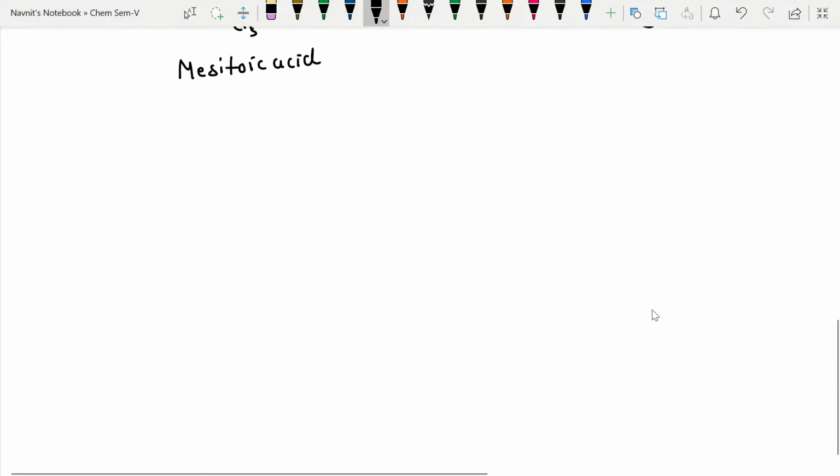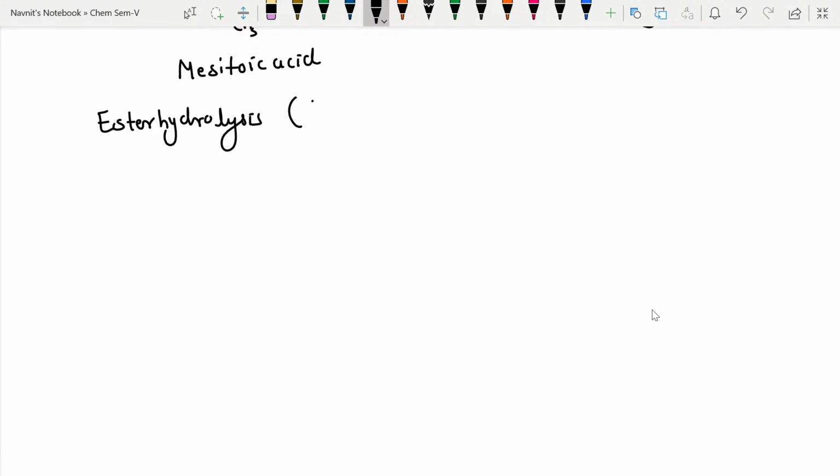So let's discuss first ester hydrolysis by the AAC1 mechanism. So whenever the word AAC1 comes to your mind, you have to always think about the molecules which are able to form stable carbocations.